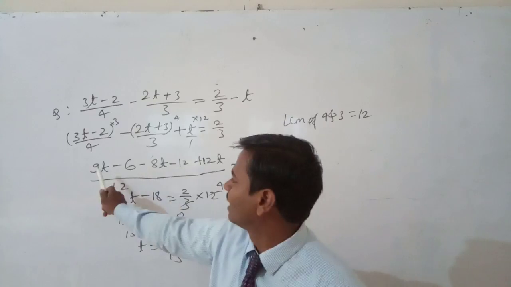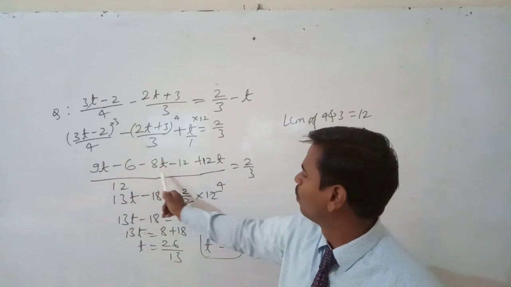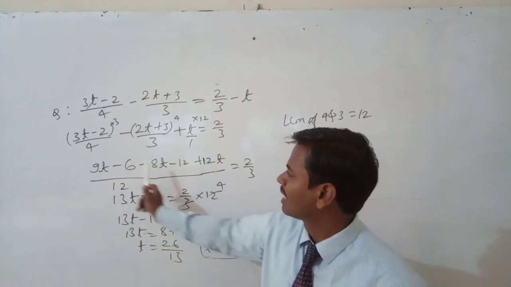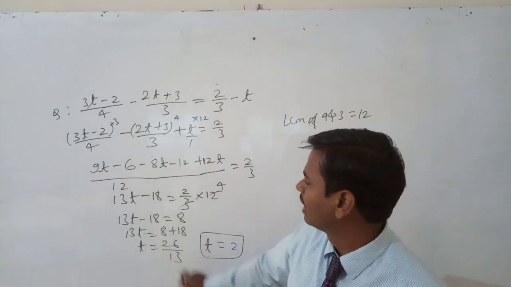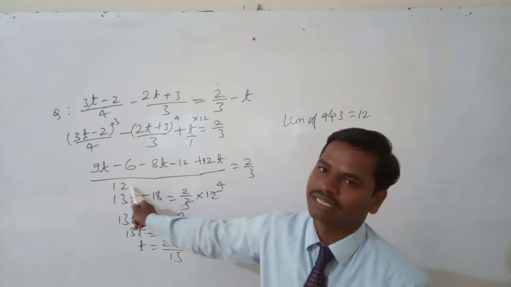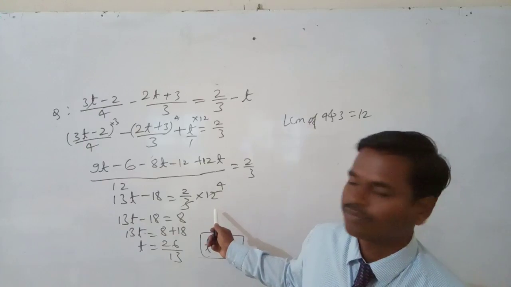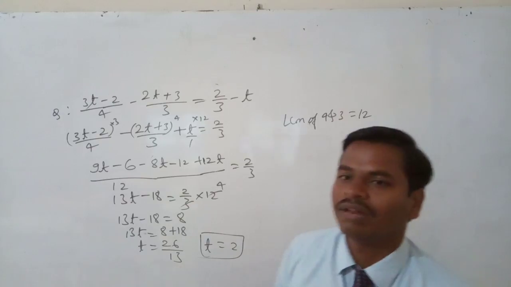For t, do addition and subtraction: 9 minus 8 is 1, 1 plus 12 is 13. Constant numbers: minus 6 minus 12 is minus 18. Divided by 12 will become multiplication that side, into 12. Like this, simplify. We will get t equal to 2.